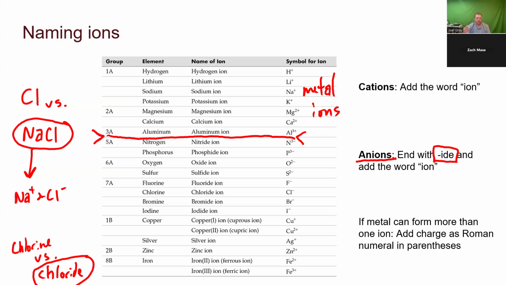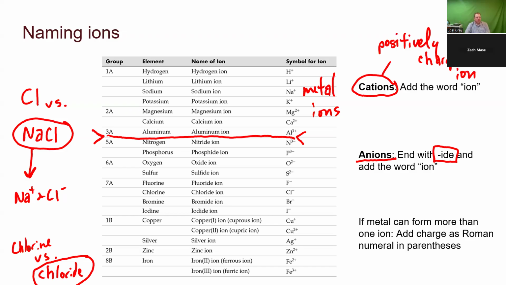Now, with the knowledge that metal ions are positively charged, I want you to add to that information that a cation is a positively charged ion. So definition, positively charged ion.